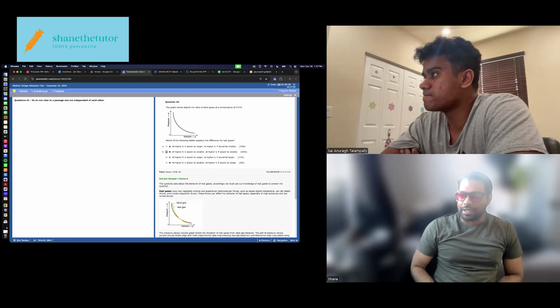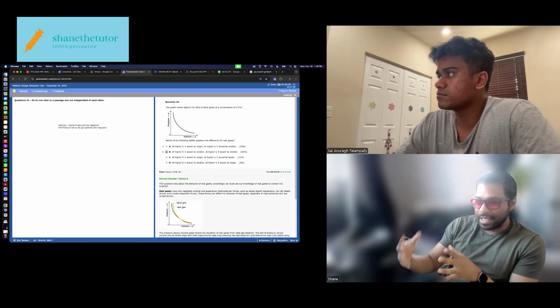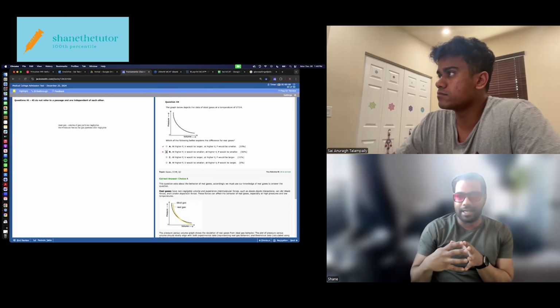And if they move quickly, they don't have a chance to sit around and interact with one another. So you could take a real gas and have it behave like an ideal gas at high temperatures.